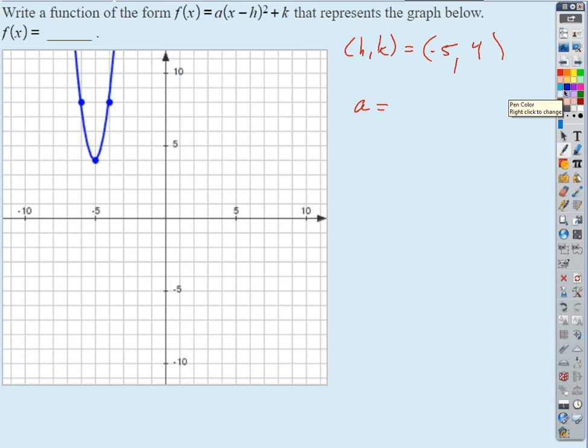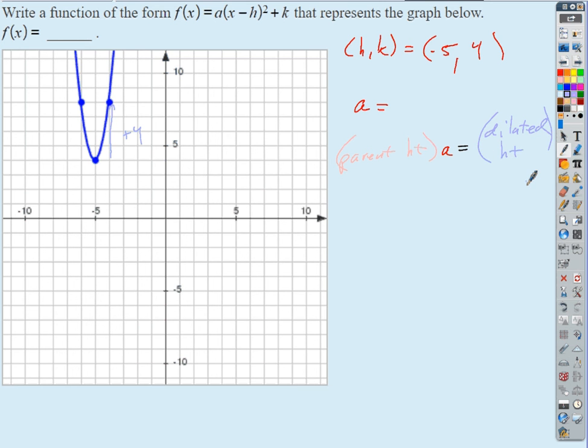I know that the dilated height is 4, right? So what does A do? A is going to multiply. I'm going to take the parent height times A, which is equal to the dilated height every time, right?